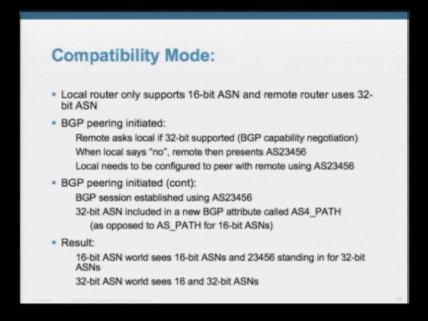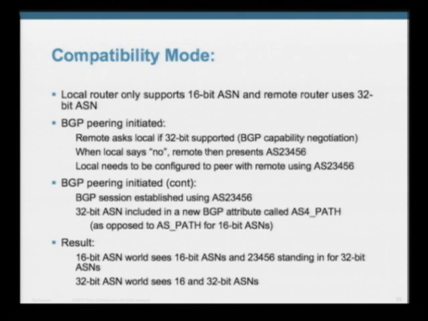All that the network that can only support 16-bit AS numbers sees is the AS23456, which is why you see the 23456 in the path. When it gets back to somebody who can support 32-bit AS numbers, they know the AS4 path attribute, so rather than printing 23456, they grab the AS4 path attribute and put the right numbers back in place. So it's very clever how it actually works.